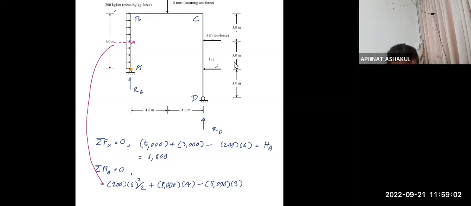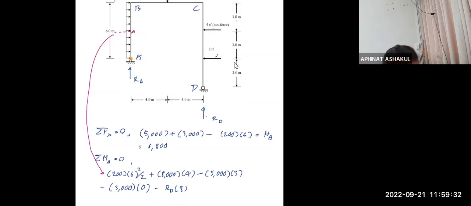So if you want to write it, fine. If you don't want to write it, it's also fine. So it's 3,000 multiplied by 0, because there's no distance. And then minus RD multiplied by the moment arm, which is 8. This RD is here, so this becomes the distance perpendicular to the force. And here RD is 2.575 tons.